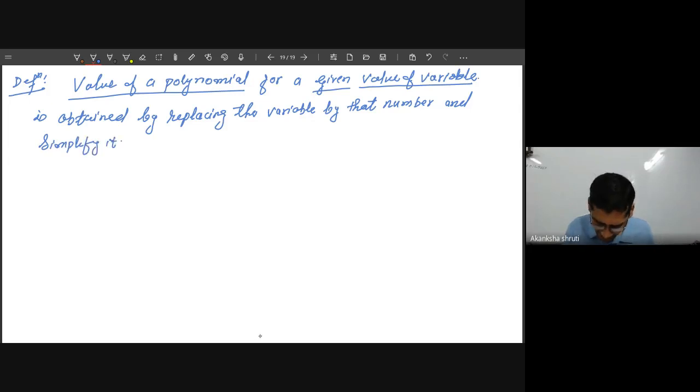So whatever real number we obtain after simplification is called the value of the polynomial. So simplify it to get a value.